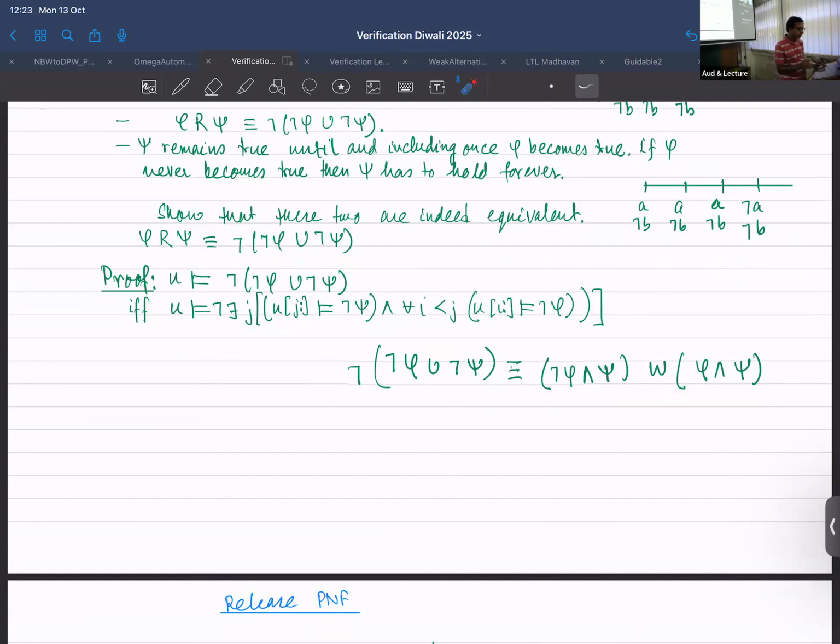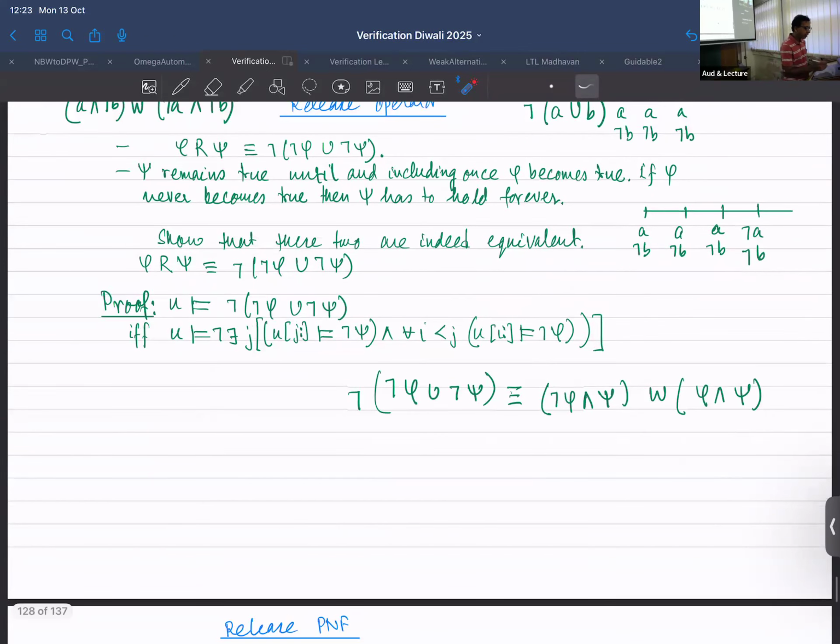Okay. So now we understand that indeed the release can be derived from the until operator using these negations. But the thing is that if we do not have the release, then we have to use the negation on some arbitrary formula. If we use the release, then we can again push the negations inside.